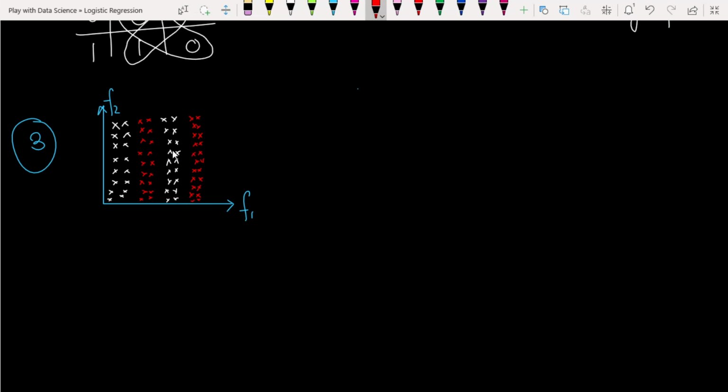You can easily see it is not possible to use a single line to separate this data. It is totally impossible to separate using a single line.